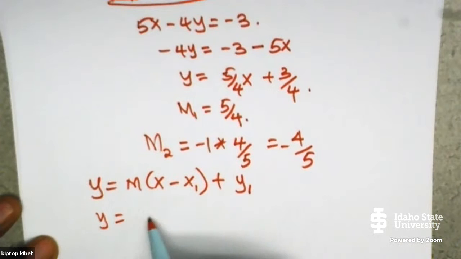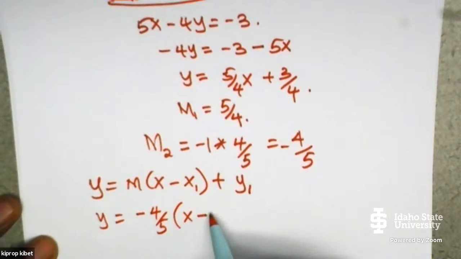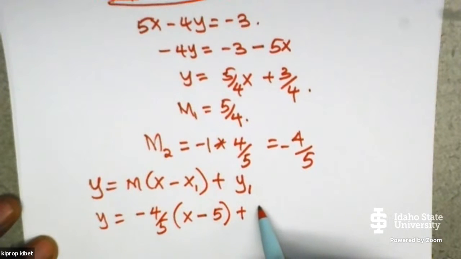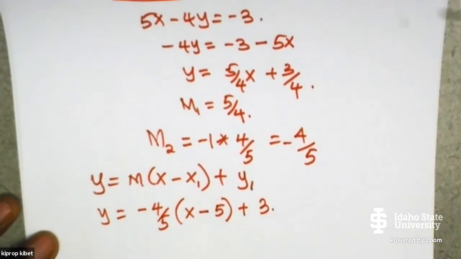So our y equals -4/5 (x minus 5) plus 3. You can leave it like that, or you can continue.